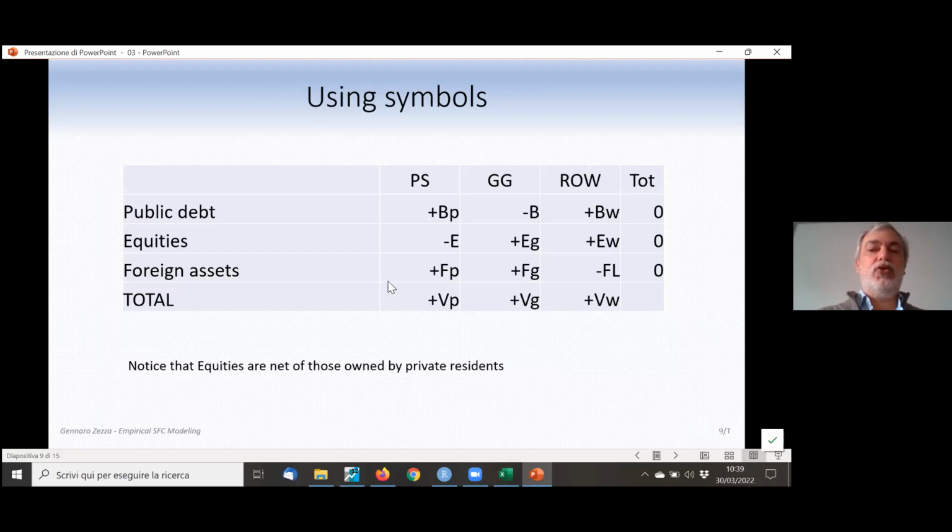And I think it should be particularly relevant for our foreign assets, because as we saw, the change in the stock of foreign assets is very different from the balance of payments. And this implies that there is a lot of volatility, which may be also relevant.